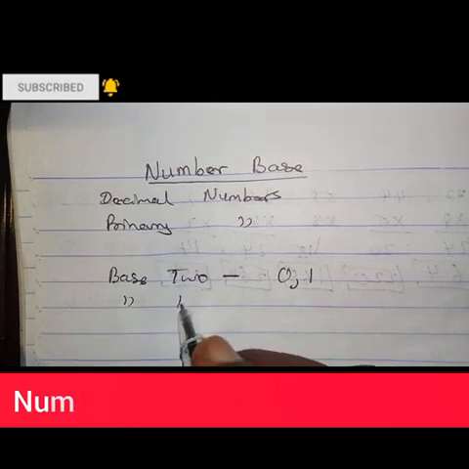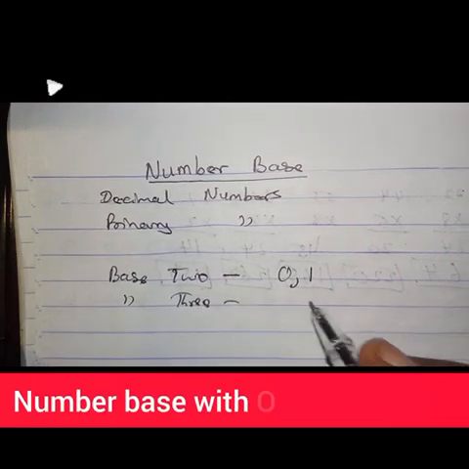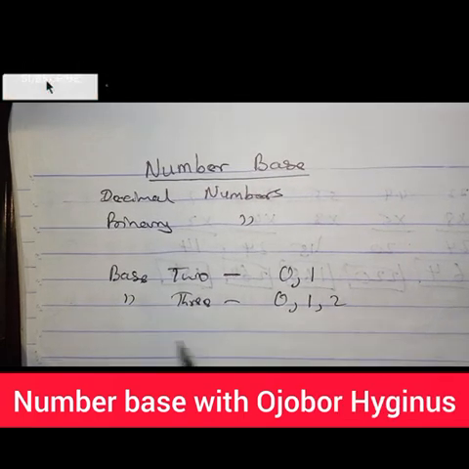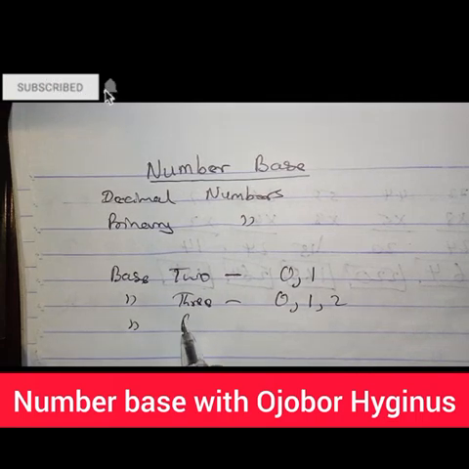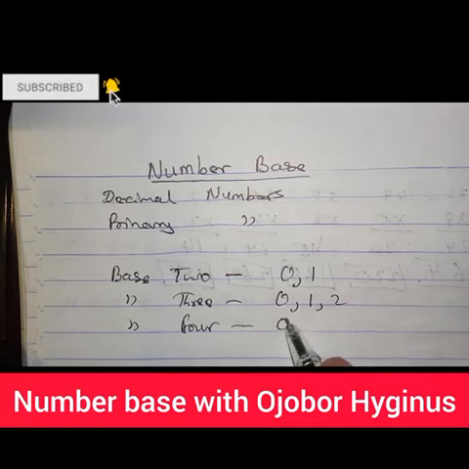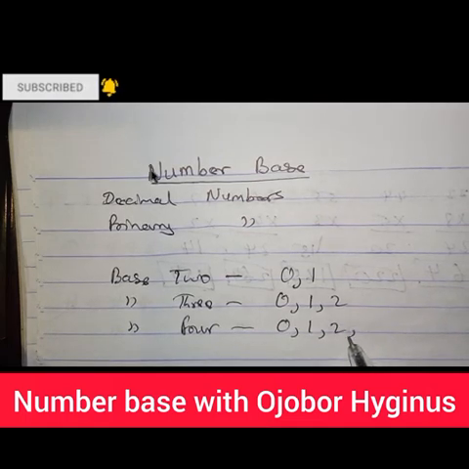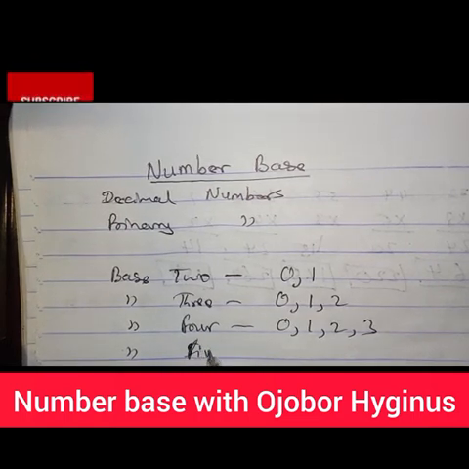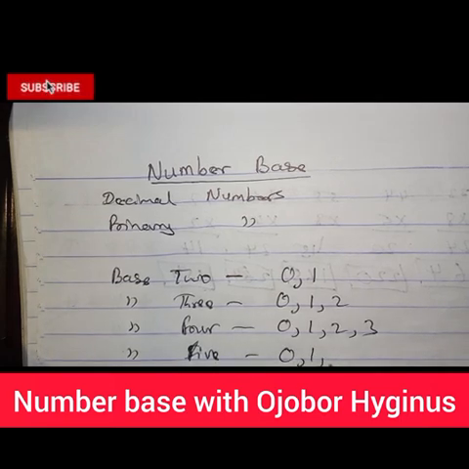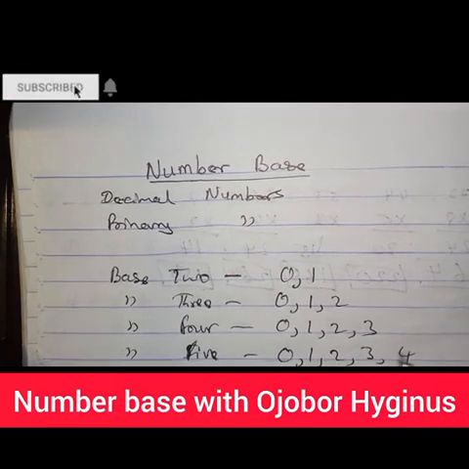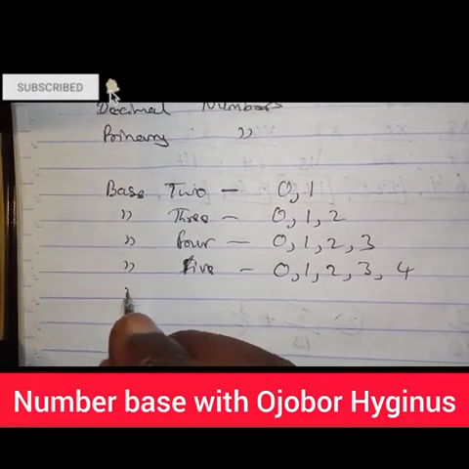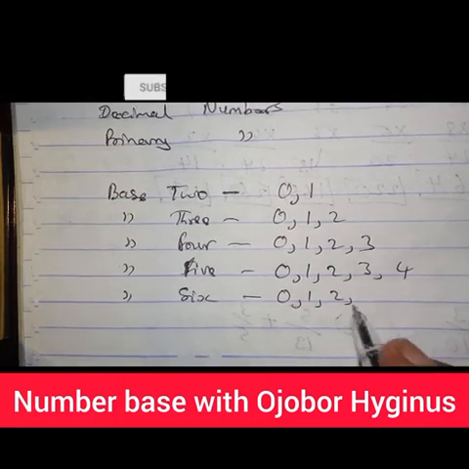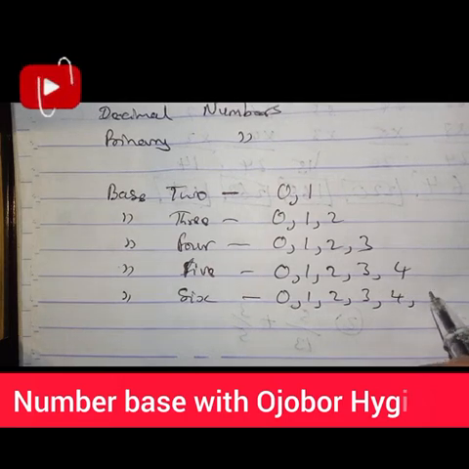In base 3, the digits are 0, 1 and 2. In base 4, we have numbers ranging from 0 to 3: 0, 1, 2 and 3. In base 5, we have 0, 1, 2, 3 and 4. In base 6, we have 0, 1, 2, 3, 4 and 5.